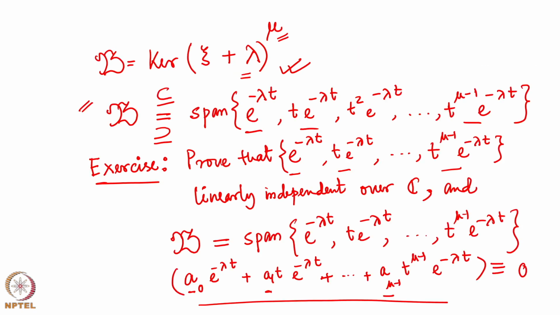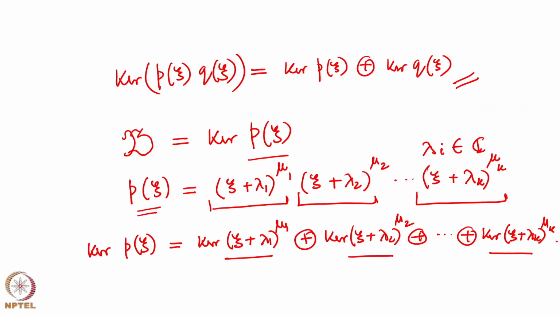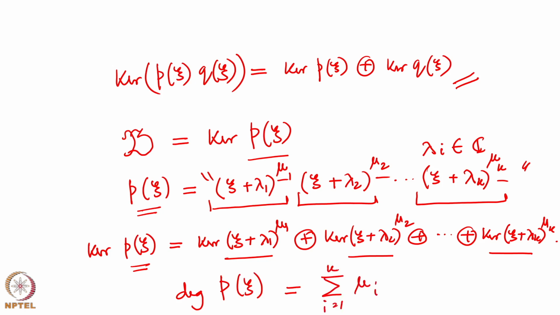And then if you go back to the result where I have added these up, this direct sum, what is the degree of the polynomial p? The polynomial p is this product, so the degree is the sum of these degrees: mu 1 plus mu 2 plus up to mu k. So the degree of this polynomial p is equal to the summation of mu i, i going from 1 to k. And now because it is a direct sum, the dimensions add up.